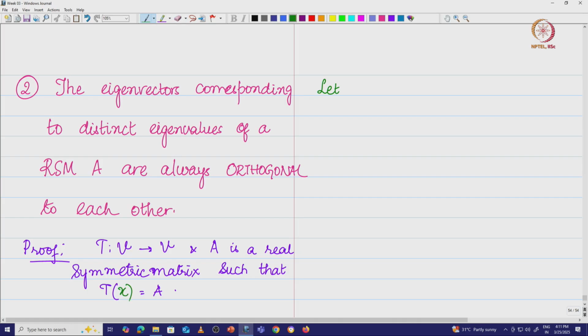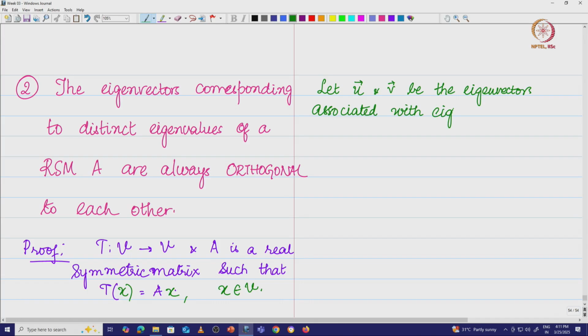So, I will take this as T of x is equal to A x for x in V. So, let u and v be the eigenvectors associated with distinct eigenvalues, let us say lambda and mu, eigenvalues lambda and mu of A. We will take lambda and mu as the eigenvalues of the matrix A.